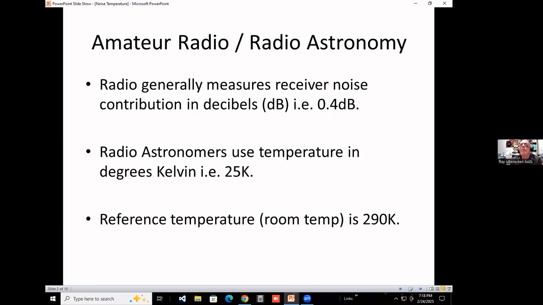Most all of our noise figures come out to be around half a dB or less. And radio astronomers use temperature in degrees Kelvin, and a typical number would be around 25 degrees Kelvin. Basically, that's a load resistor that puts out the same amount of noise as your receiver, at about 25 degrees Kelvin.